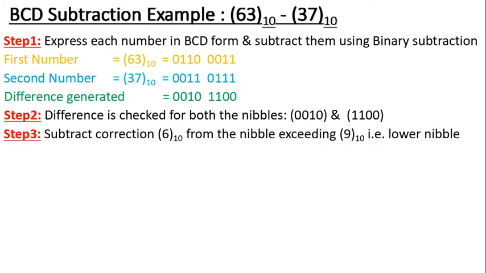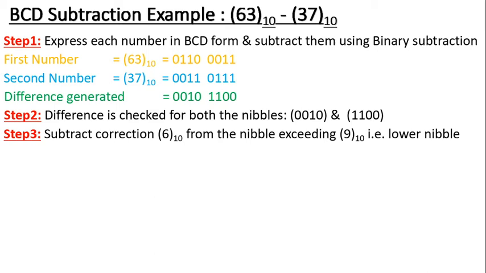Then subsequent, in step number 3 here, subtract correction, that is 6 decimal, that is 0110, from the nibble exceeding 9. In the difference generated in step number 1 and stated in step number 2, that lower nibble is exceeding 9. Okay, so 6 is now to be subtracted.